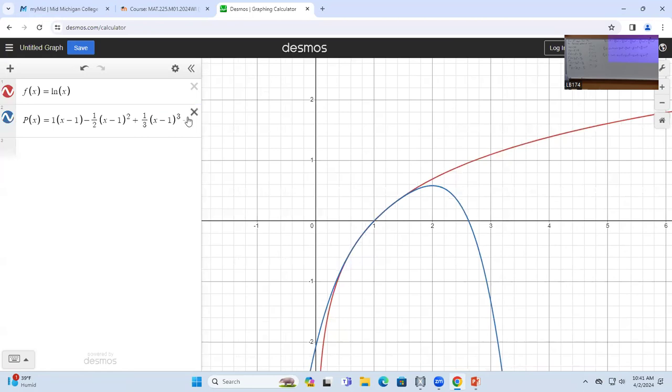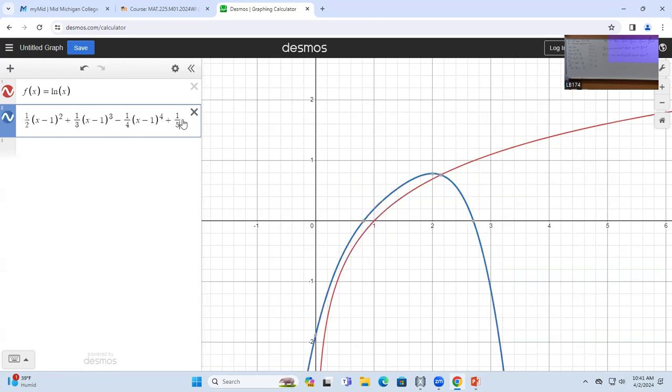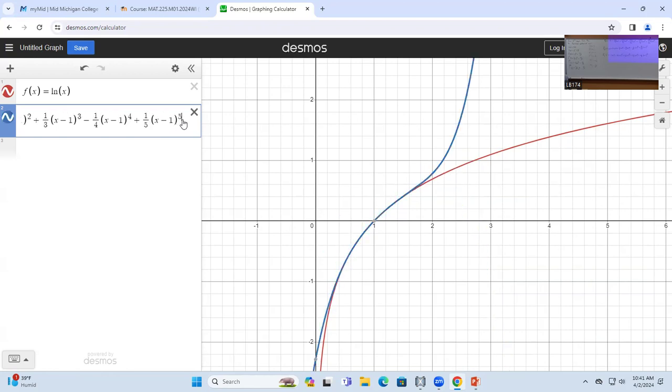Notice that this is a polynomial which really mimics natural log of x close to the value of 1. When we're close to the value of 1, we really mimic this well.